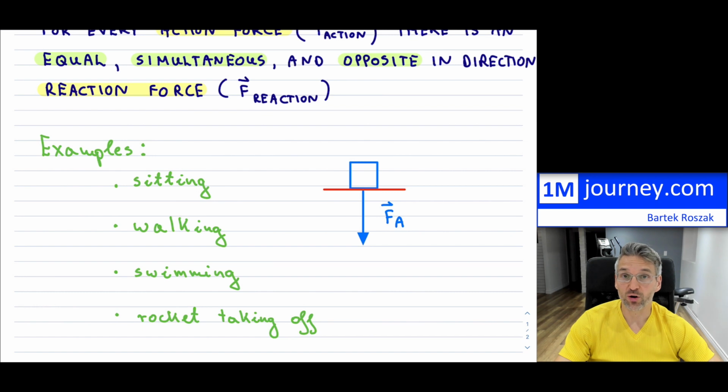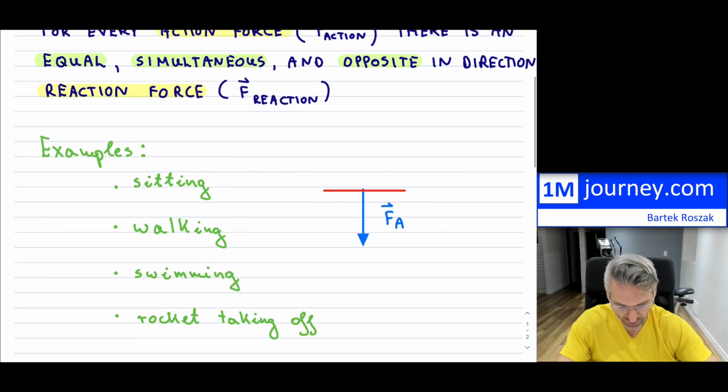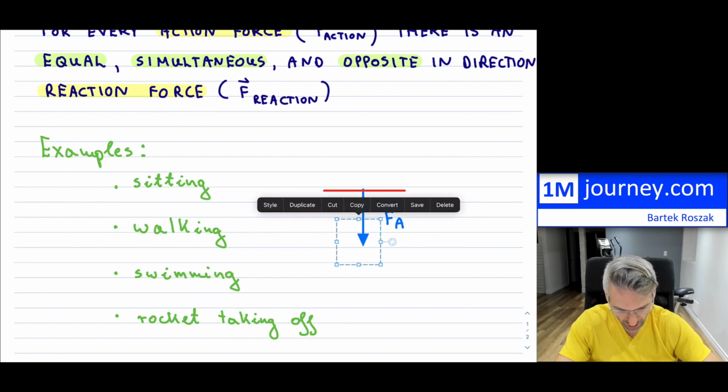But I'm not falling through the chair, right? I am pushing on the chair because I have a mass, and gravity is trying to pull me down through that chair, but I'm not breaking the actual bonds of that chair. At that particular instant, and I'm going to erase myself here, you will find that there is exactly the same type of force which is preventing me from falling through the chair.